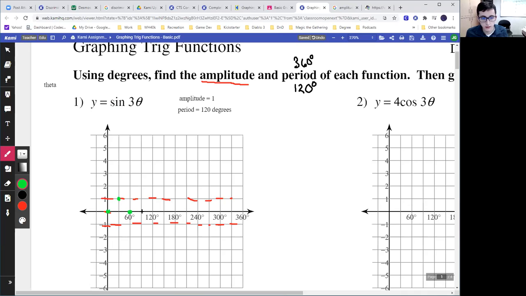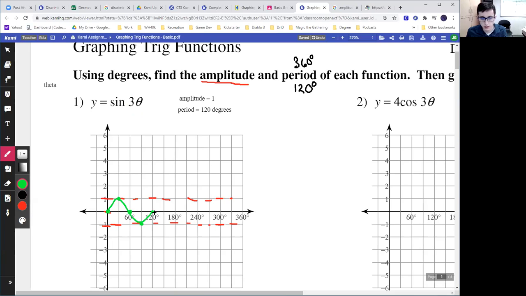When we put in 90, it's going to read as sine of 270, and sine of 270 is -1. So putting in 90 degrees gives us out -1. When we put in 120, it'll read as sine of 360, and that'll be back to 0. So we have our graph here like this, okay?